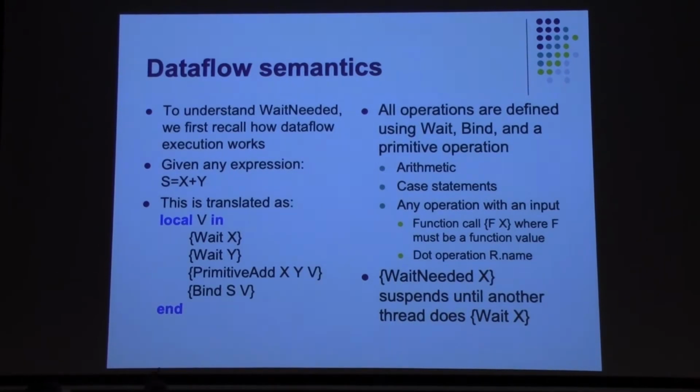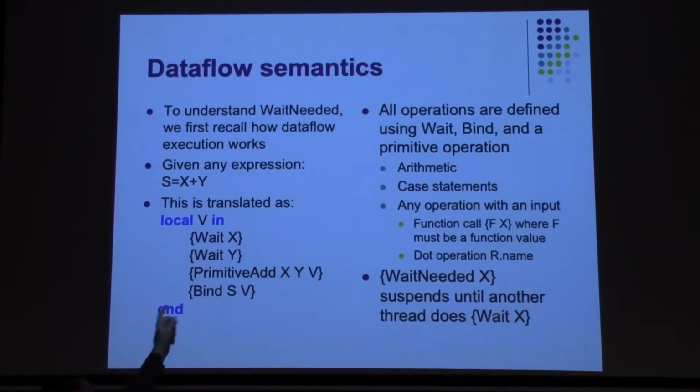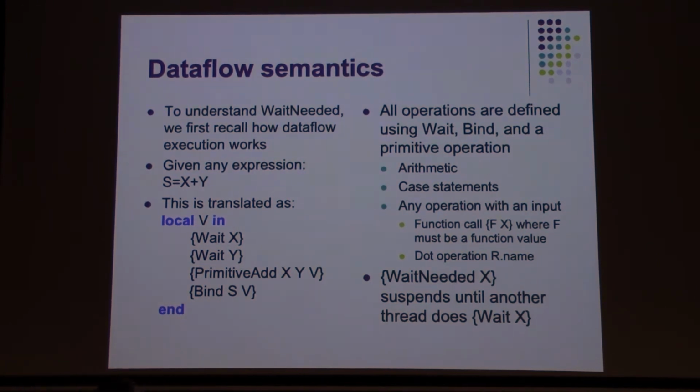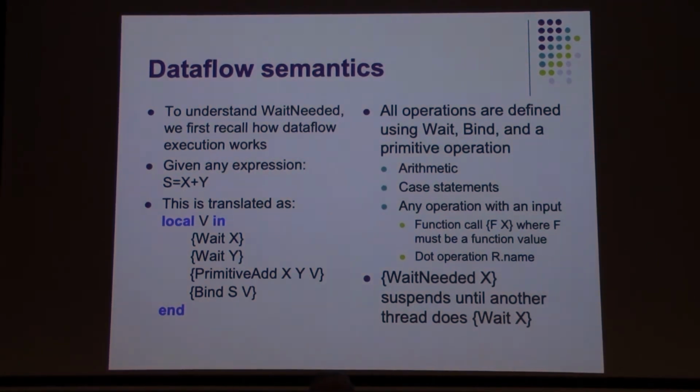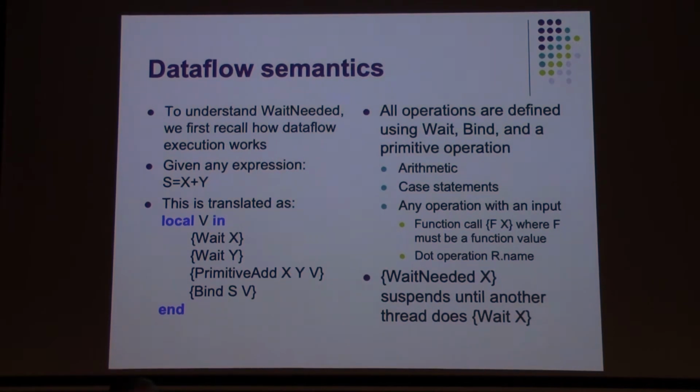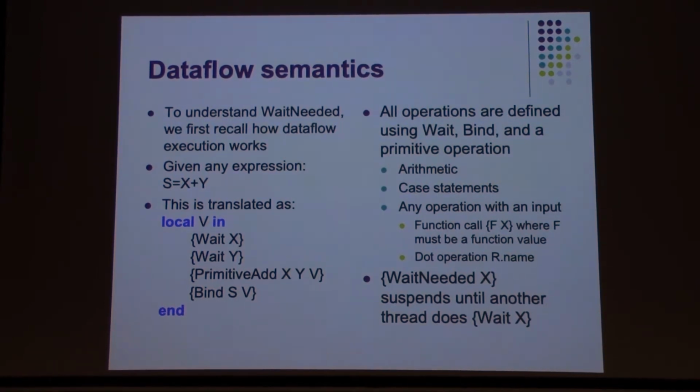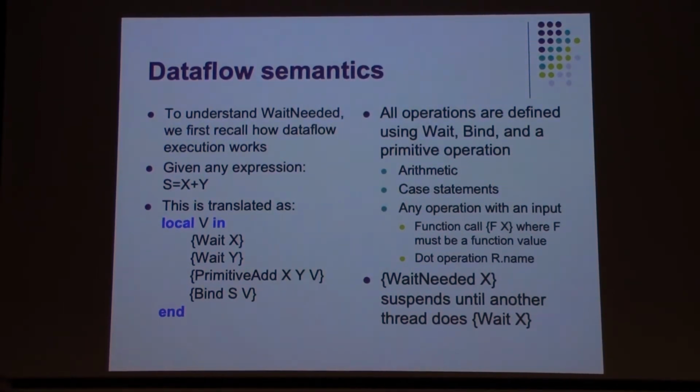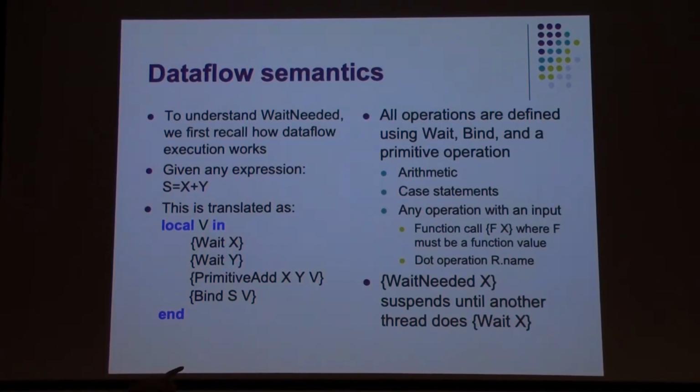It's a third operation. You have wait and bind, that's the regular data flow. And to make it lazy, we add a third one called wait needed. And wait needed will suspend the current thread until another thread does wait x. Okay? See how wait needed works? So semantically, all the examples we will see today will be explained like this.